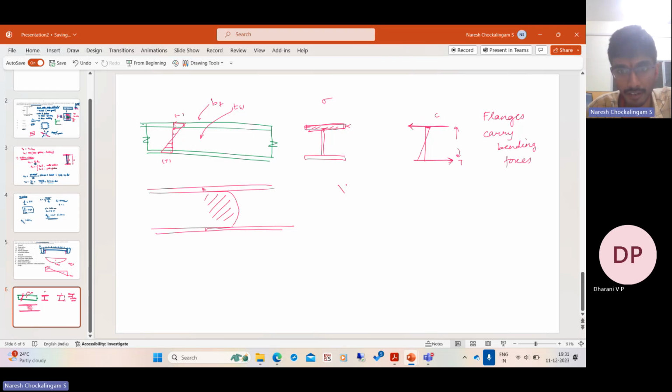So it is safe to assume that the shear force is carried by the web. So the shear stress is something like V by tw into d. And the bending forces, you can assume they are carried by the flanges. So it is something like compression into the distance of separation, which is about h, roughly. It is not exact.